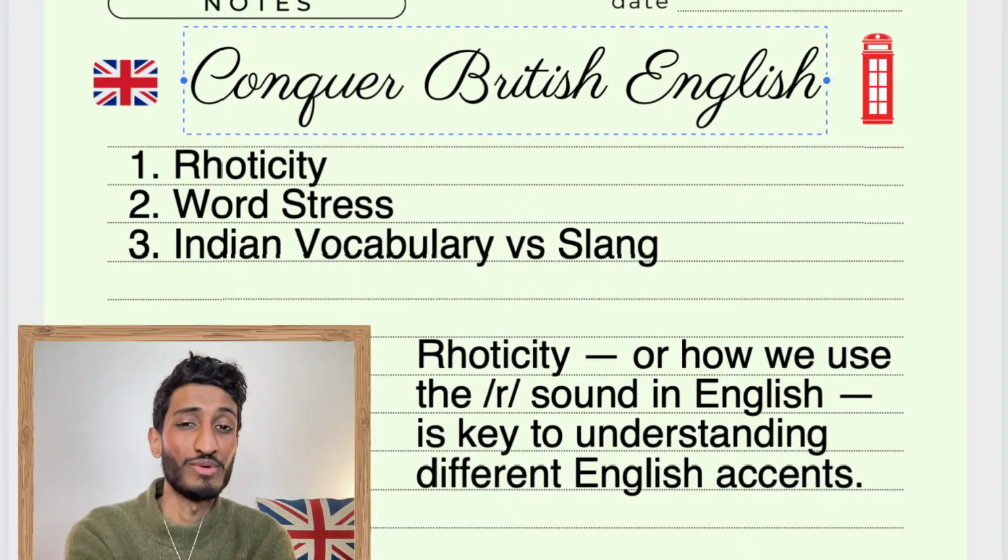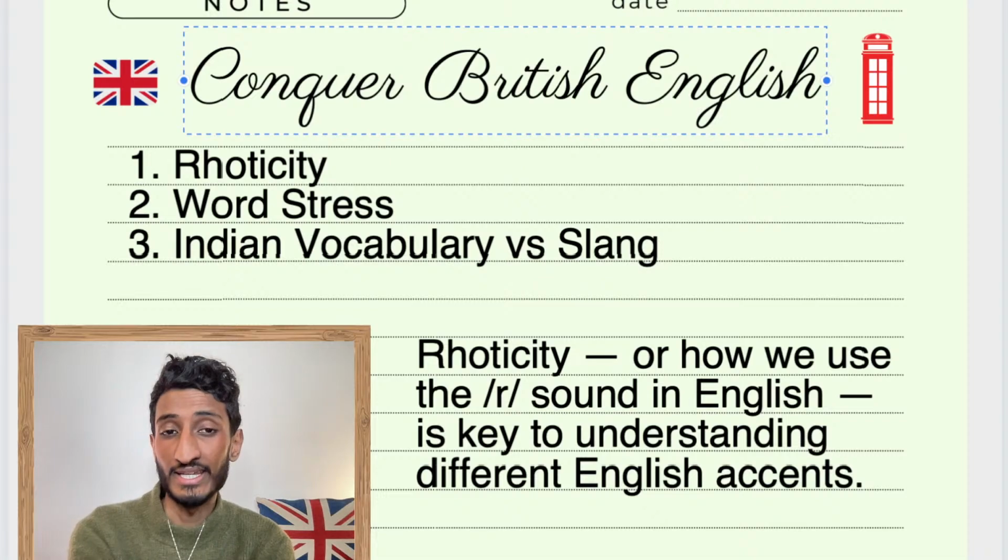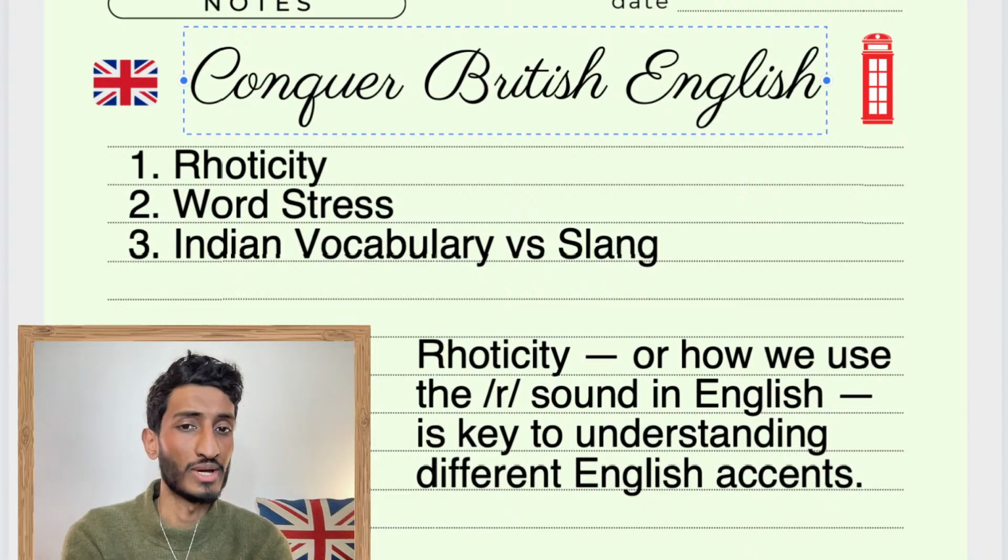Rhoticity, or how we use the R sound in English, is key to understanding different English accents. So the R sound is very, very important to understand how we can differentiate between the two accents.